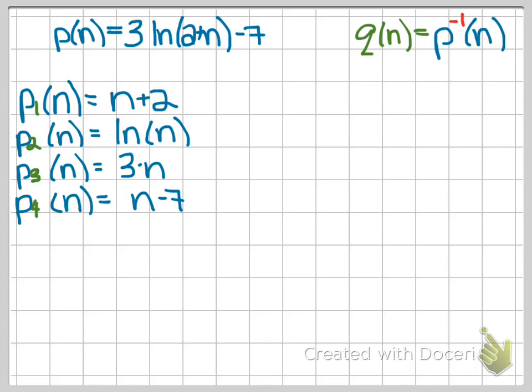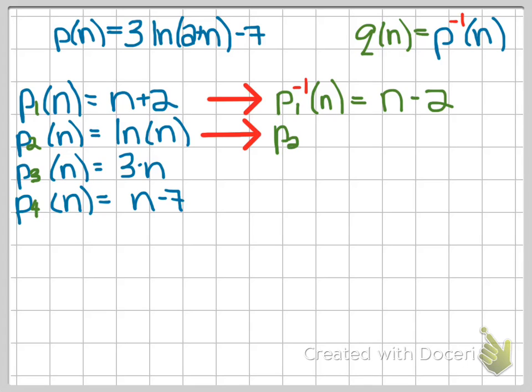Similarly to the video before, we want to find the inverse of each of these parts. So the inverse of the first part of p is, instead of adding 2, we're going to take 2 away. The second part, the natural log of n, the inverse of the natural log is actually using e.